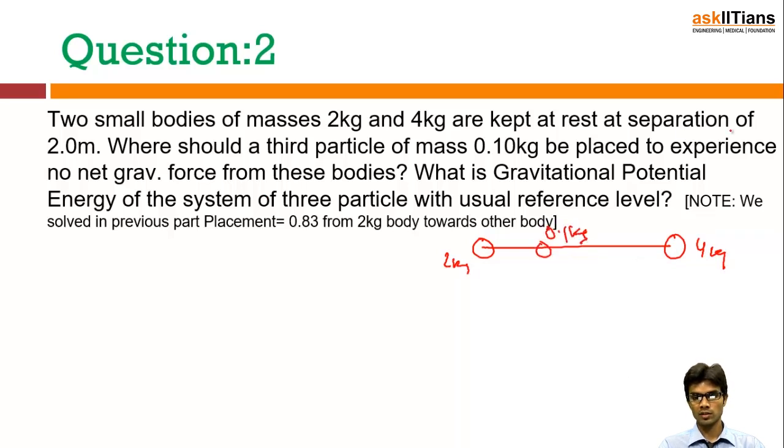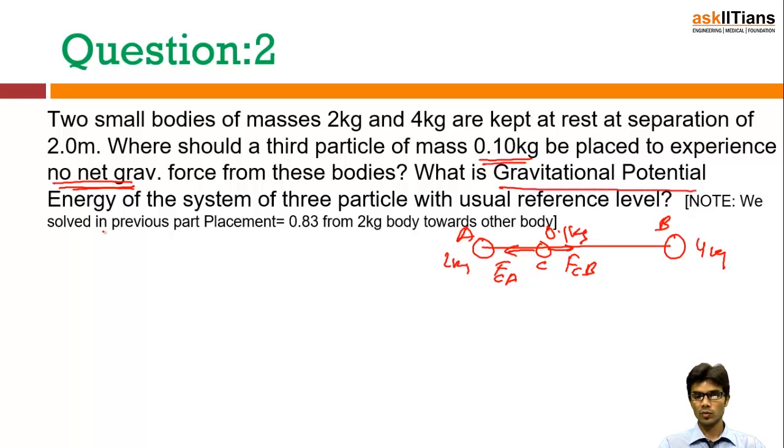According to the question, this third mass of 0.1 kg is placed such that it experiences no net gravitational force due to these two bodies. So A, B, C: the force on C due to A and the force on C due to B will be equal.